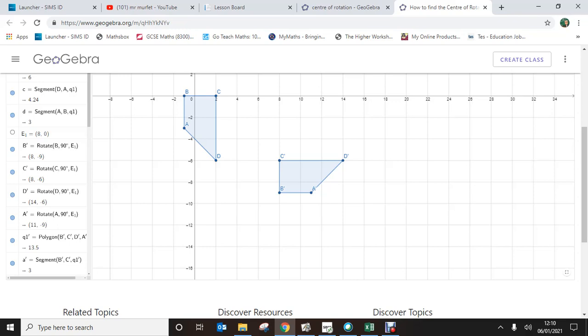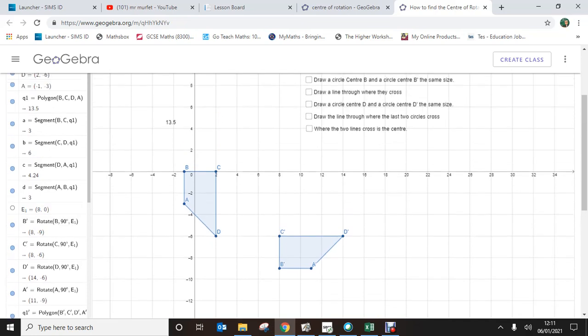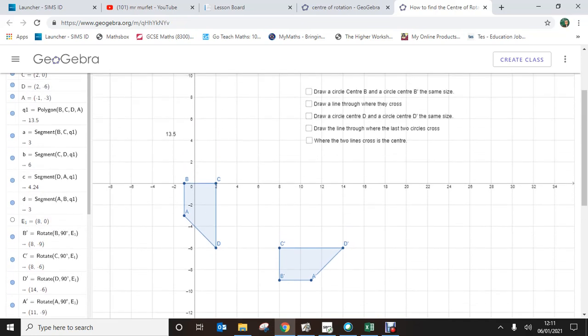Now we just need to find the center of rotation. If you were sitting the exam and had to show how you'd find that, this is how you would do it. Pick two points. In this case I've picked B and B dash, this point and this point.